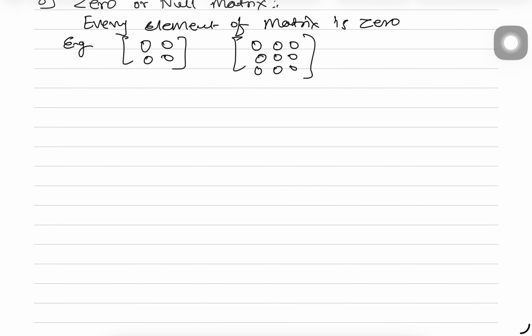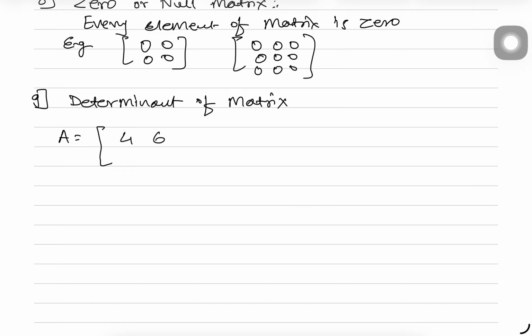Next, ninth one, determinant of the matrix. Say A is equal to 4, 6, 3, 5.